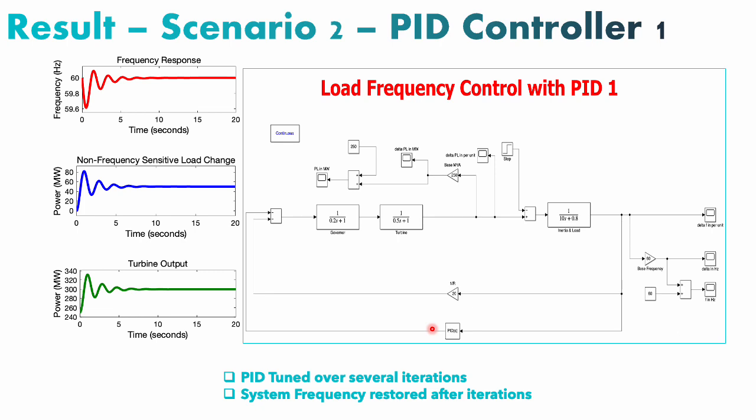So in summary, we used a tuned PID. We had to tune this PID over several iterations in order to get a perfect output response. Then when you look at the total turbine output, we got a 300 megawatt output, which also had a lot of overshoots and oscillations at the beginning within the first 5 seconds, but after 5 seconds we had a consistent power output, which was good.